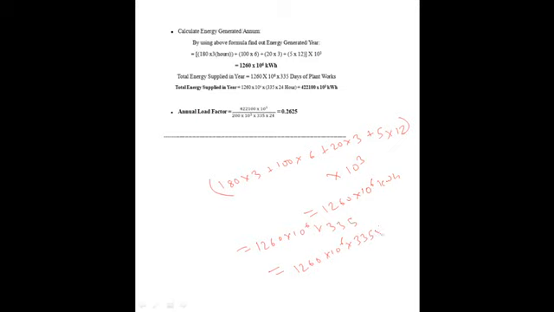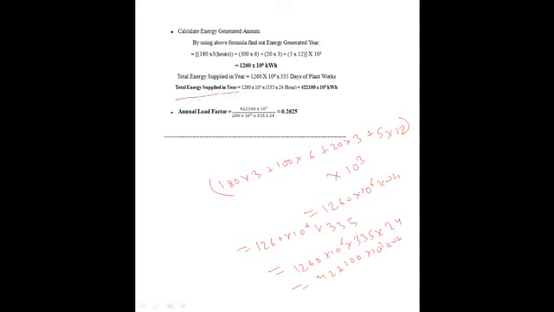If you calculate, it will come around 422,100 into 10 to the 3 kilowatt hour. This is the total energy supplied in a year.